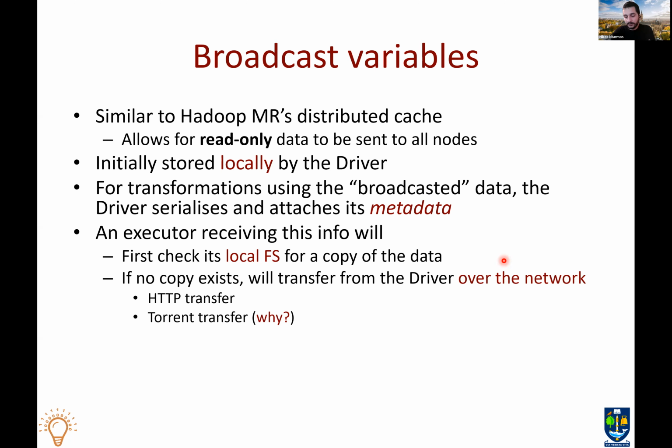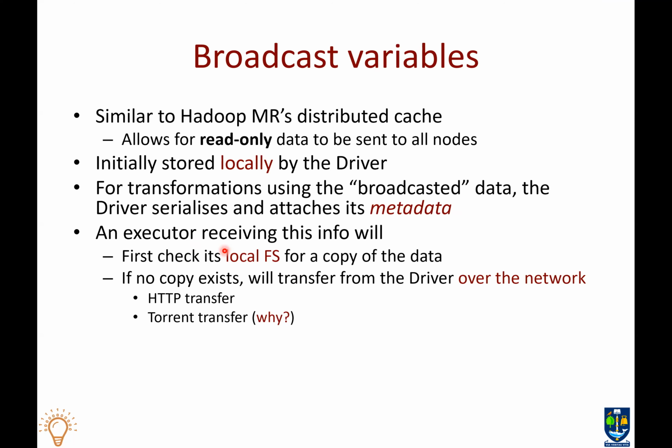So in the previous step, the driver sends metadata. It sends a description of what this broadcast variable is, like a file with stop words. Well, that's not what it will say. It will actually send a file name plus information like file size and so on.